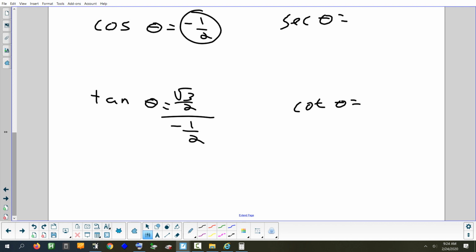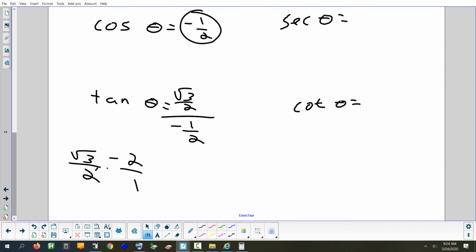We need to just clean that up a little bit. How do you divide a fraction by another fraction? Multiply by the reciprocal. I'm just going to do it over here. So keep the top the same. Multiply by the reciprocal of the bottom. And what's going to cancel there?